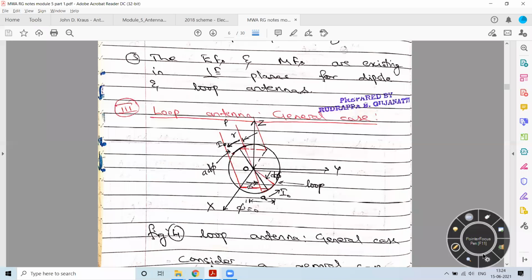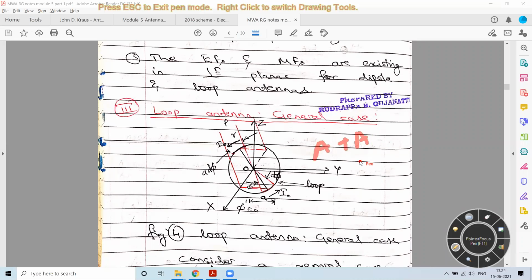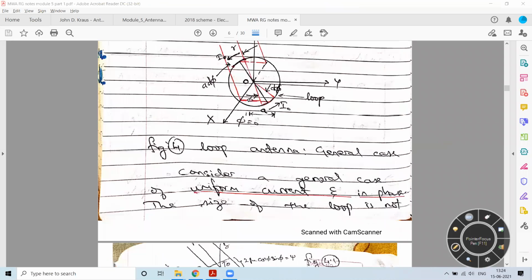If we have just one loop, here n is equal to 1, and the area is A. If I have another loop, I'll have the total area as A plus A. So if there are n turns, that is n loops, then the total area will be n into A. This is a minor change you have to put in over here.